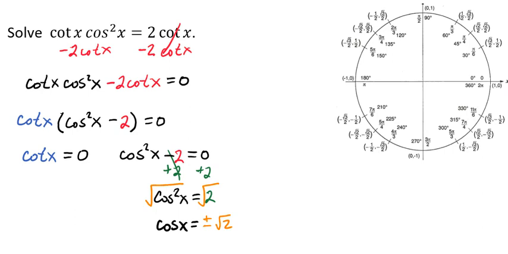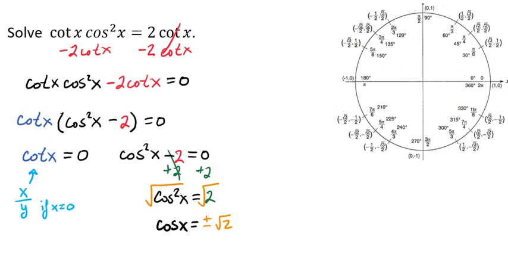So to finish solving, we need to look at our unit circle, and we're going to try and find where cotangent equals 0. Now remember that cotangent is the x value over the y value on the unit circle. So we want to know, where can that happen? And it's really only going to happen if x equals 0 in our unit circle. So we're going to find all the places that x equals 0.